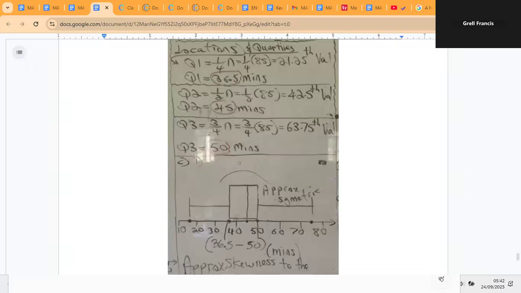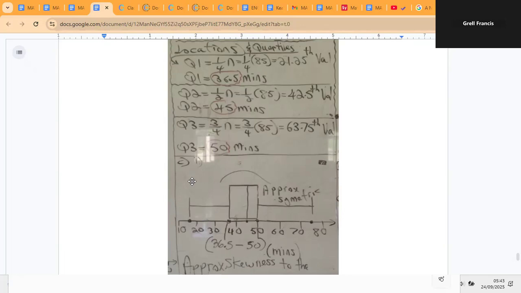As you can see, the box plot was constructed using the quartiles and the lowest and highest value. The lowest value is 15, that's the lower boundary, and the highest value is 75, that's the upper boundary, because the data was grouped in terms of intervals.